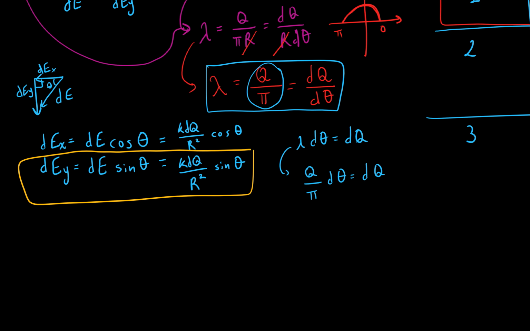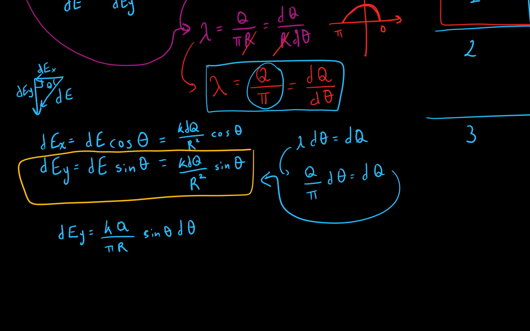Now I can plug this into the equation I have over here. So now I'm going to see that dEy is equal to k times q over pi r squared times sine theta d theta.